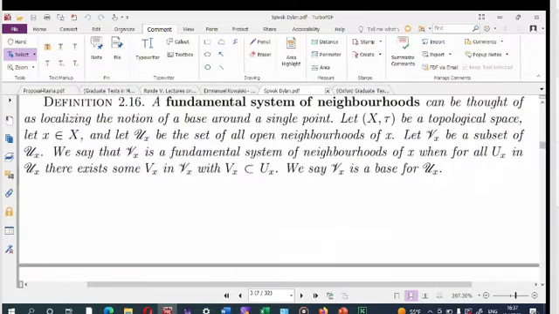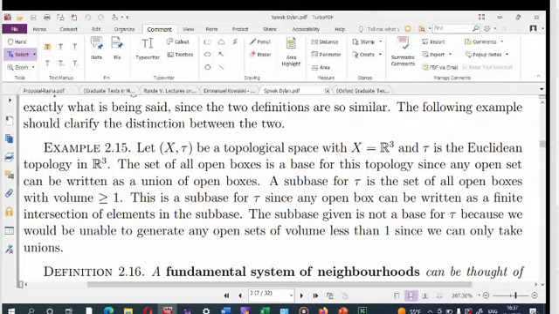And a subbase for tau is the set of all open boxes with volumes greater or equal 1. This is a subbase for tau since any open box can be written as a finite intersection of elements in this set.